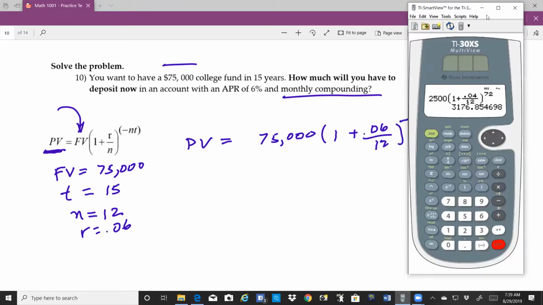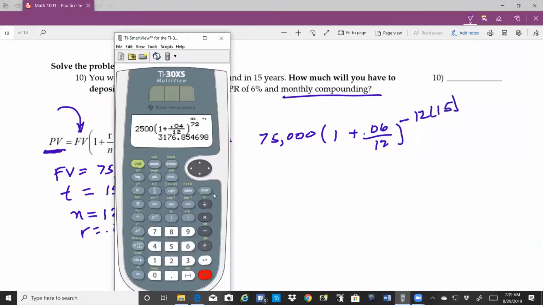So let's give this a try. I'm going to clear it and put 75,000 times 1 plus, and I'm going to use the fractional expression again, 0.06 divided by 12, close the parentheses.